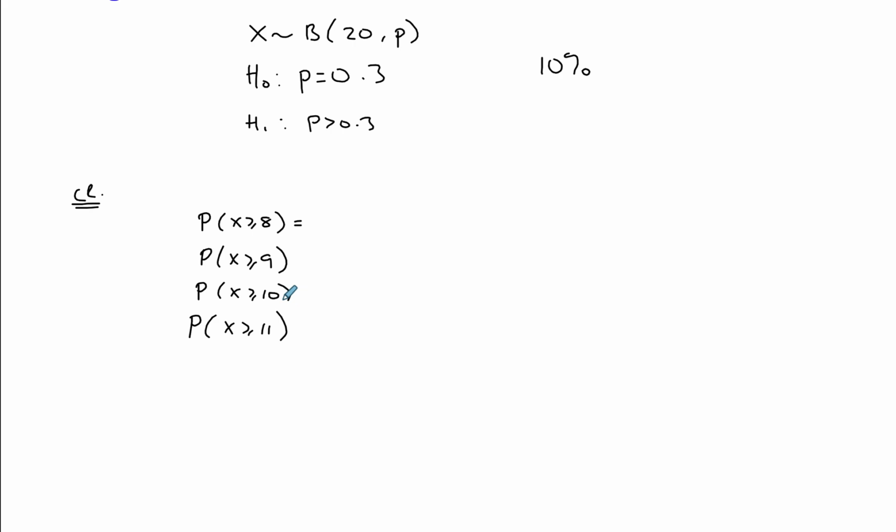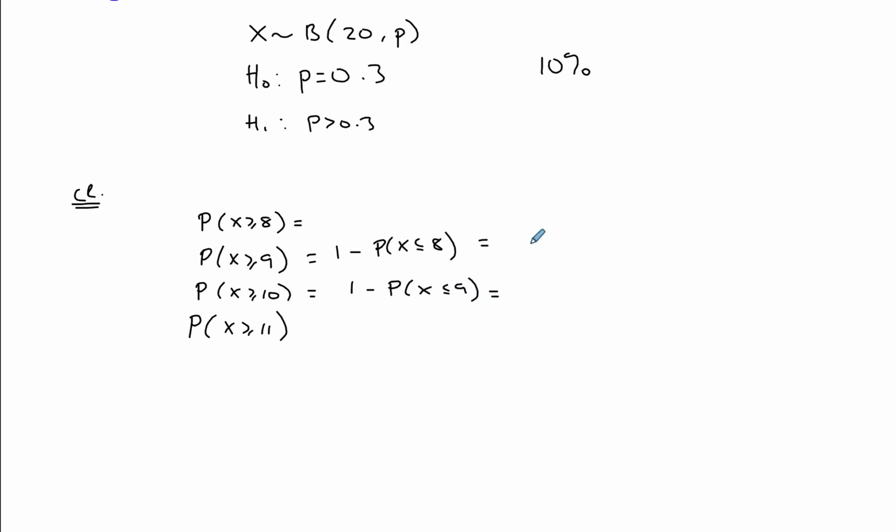N is 20 and P is 0.3. And remember, this time we're looking at a value below 90% or above 90% so that it's below 10%. And I can see the two that I'm going to be interested in are the second and the third one. So 1 minus less than or equal to 8 and 1 minus less than or equal to 9.